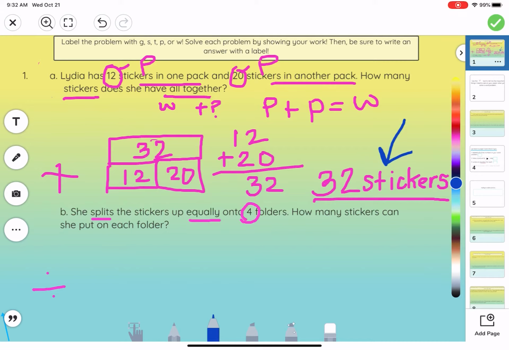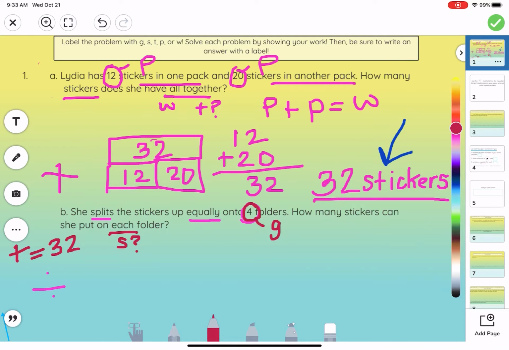So 32 stickers, I think when I found that was the total or the whole. So I think the total could be 32 and 4 folders, splitting them onto 4 folders. I think those are the groups. My question says how many stickers can she put on each? Each means size and it's in the question, so I don't know size.